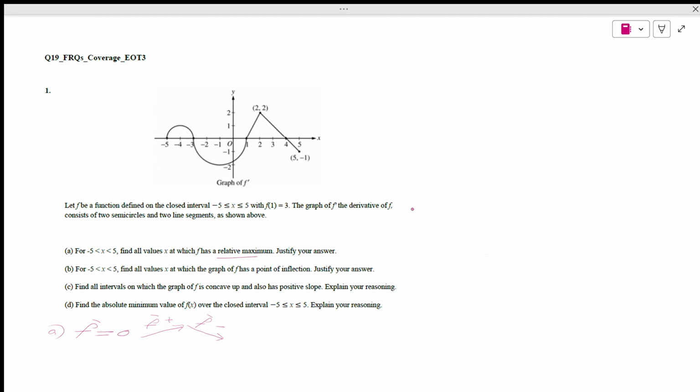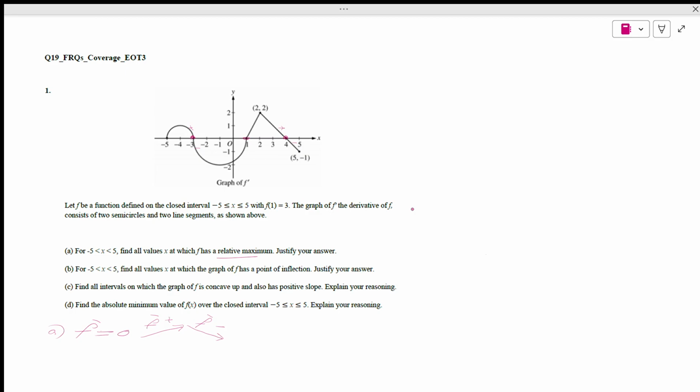So if you look at the graph, f prime equals 0 at these points, -3, 1, and 4. But at which of these x values does f prime change from positive to negative, from above the x-axis to below the x-axis? As you can see, it's happening at -3 because here f prime is positive, above the x-axis, and then f prime is negative. Also at 4, f prime before x equals 4 is above and after it's below.